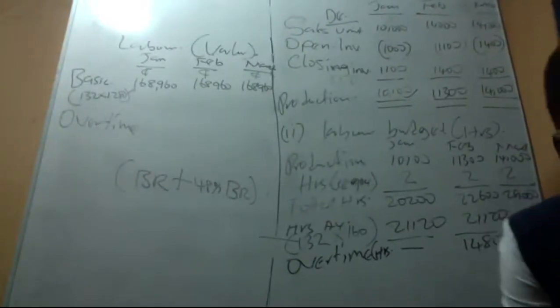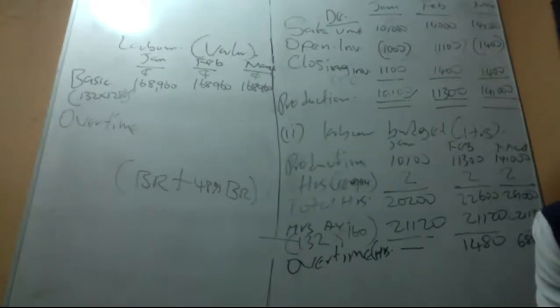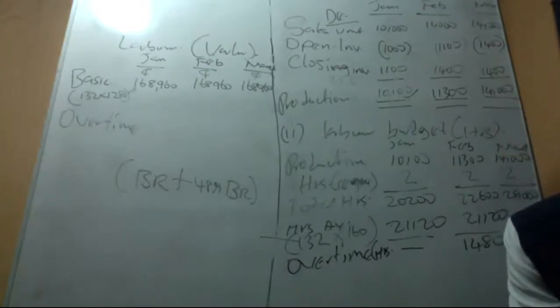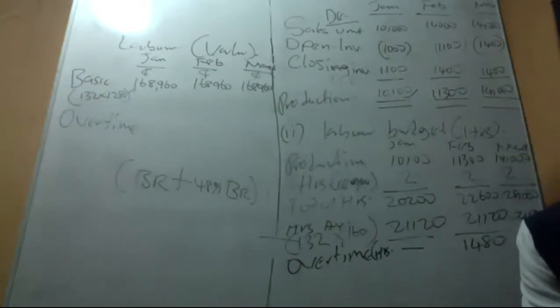Basic pay. Hey, so per hour, they are giving you 1,894. Why? Do you produce gold? That every hour they are giving you 1,000. Everybody will go and work there. So every hour they are giving you 1,894 Ghana cedis per hour.